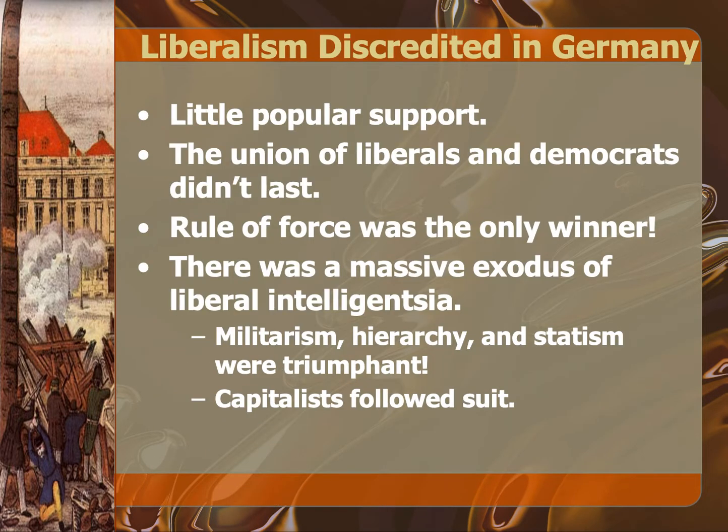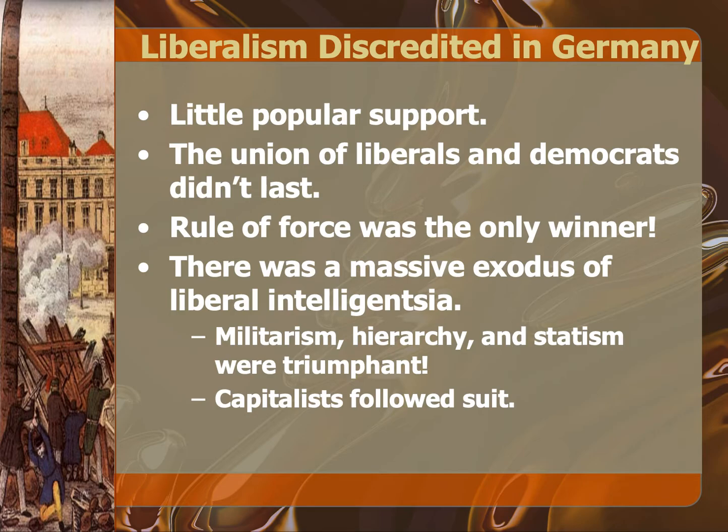In the end, though, liberalism is completely discredited in Germany. It, like in Italy, has very little popular support. The union of the liberals and the more radical Democrats did not last. And really, you needed to have an army if you're going to be able to have any type of power in Germany. And there was a massive exodus of what we call the liberal intelligentsia, meaning many liberals who were educated decided that maybe Germany wasn't the place for them.